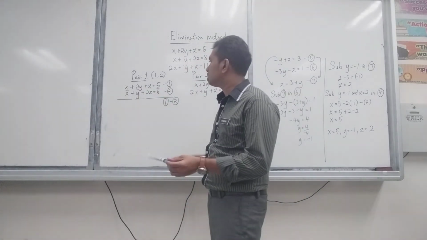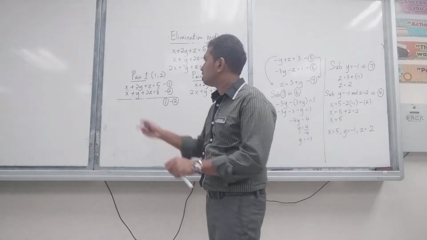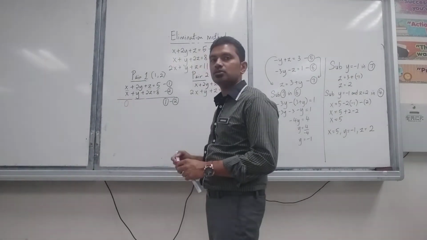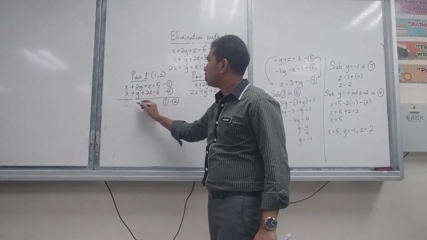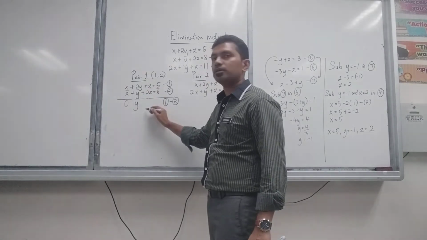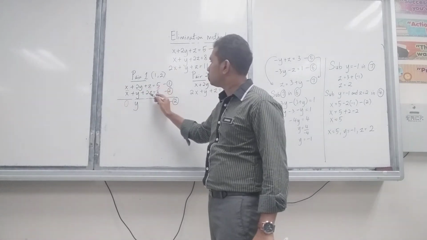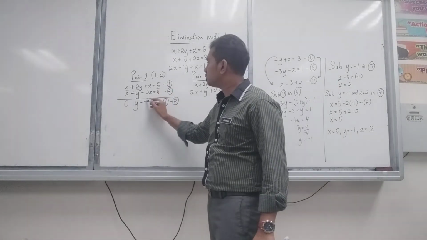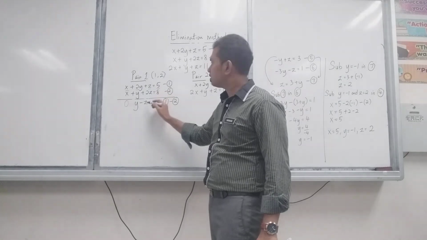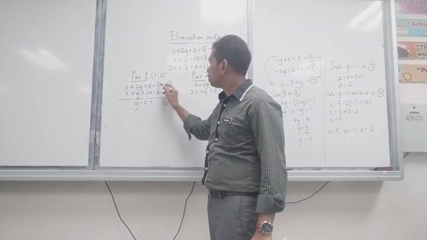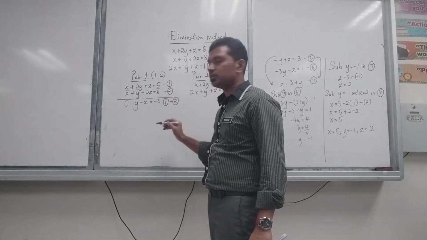So when it is x minus x, you're going to get 0. Then 2y minus y, you're going to get y. Z minus 2z, you're going to get negative z, which is equal 5 minus 8 equals to negative 3.